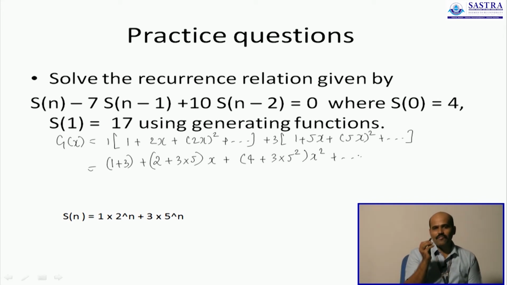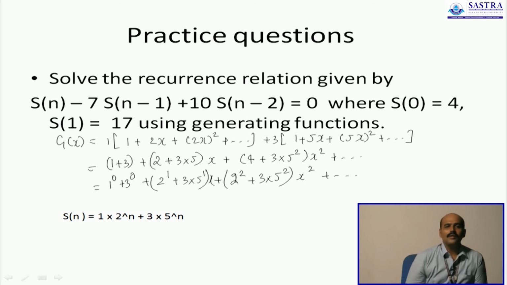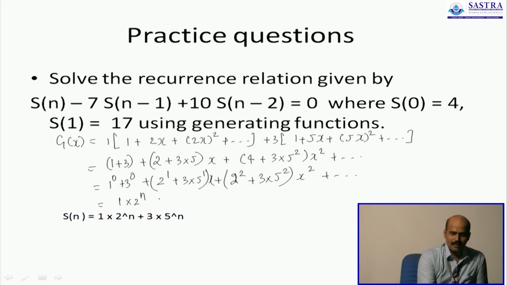So when you look at the coefficients specifically, you will have 2 power 0 plus 3 times 5 power 0, 2 power 1 plus 3 times 5 power 1, then 2 power 2 plus 3 times 5 power 2 times x squared, etc. So when you write them down as exponents of n, you will have 2 power n plus 3 times 5 power n, multiplied with x power n.